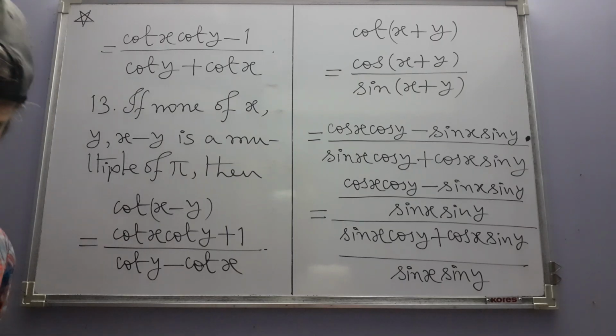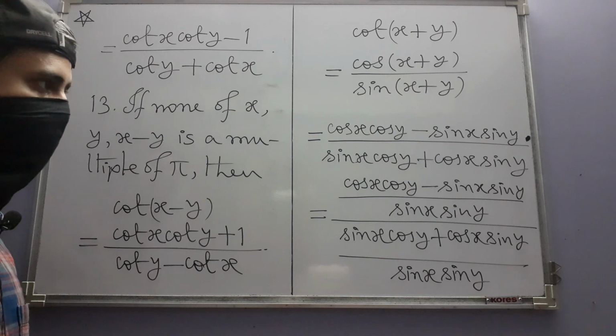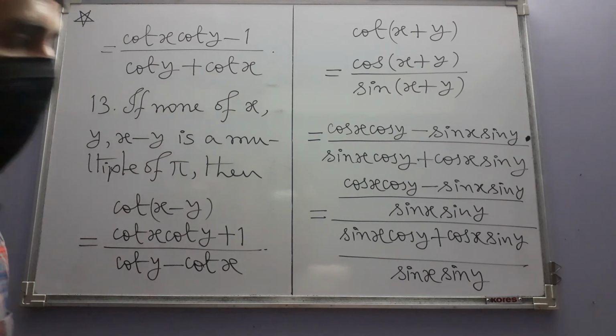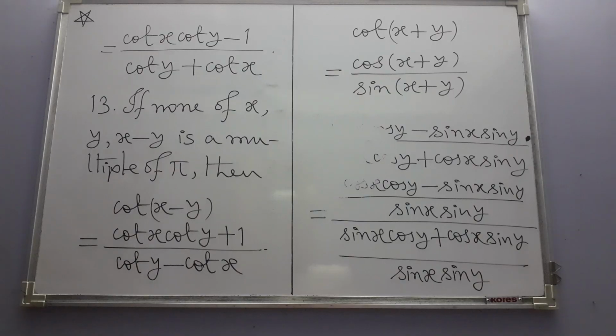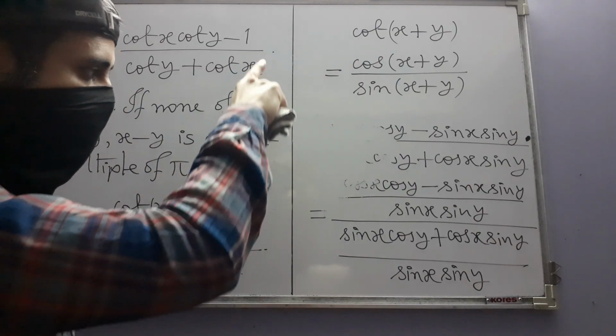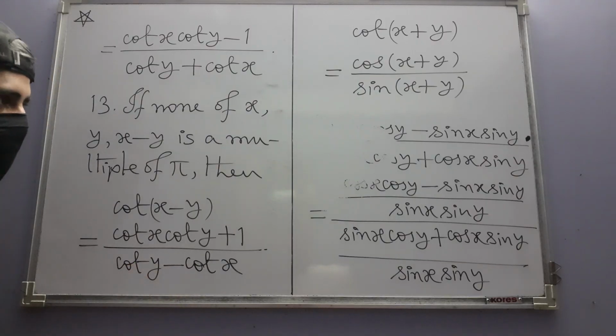Alright, now there are two ways of proving this one, establishing this identity. One of the ways is just like this. You forget everything. You write cot x minus y as cos x minus y divided by sin x minus y and do similar calculation. Then you will get this one.